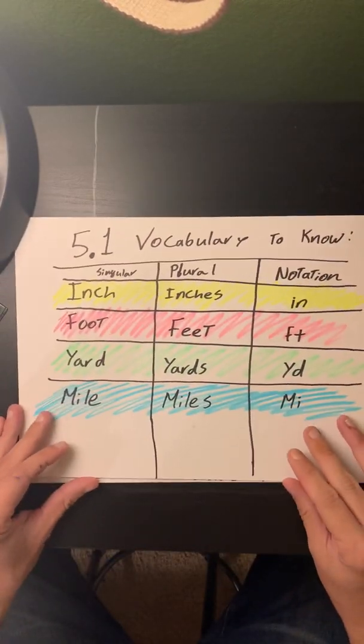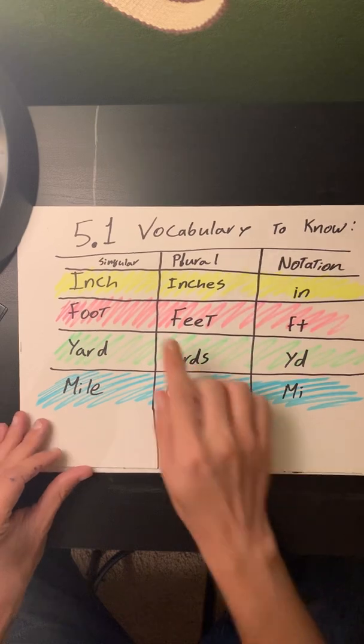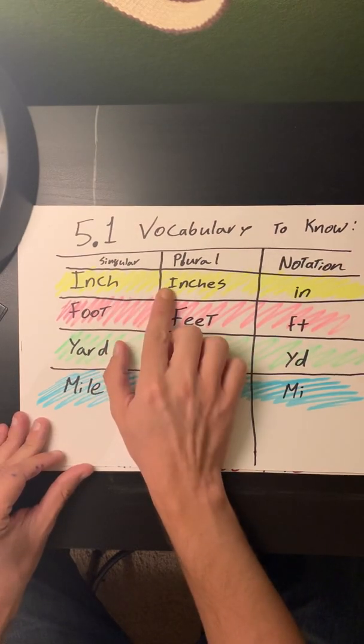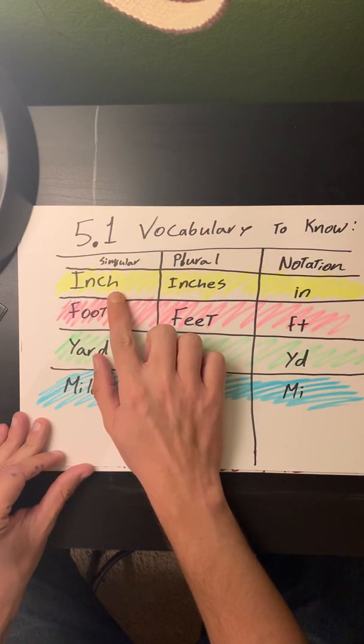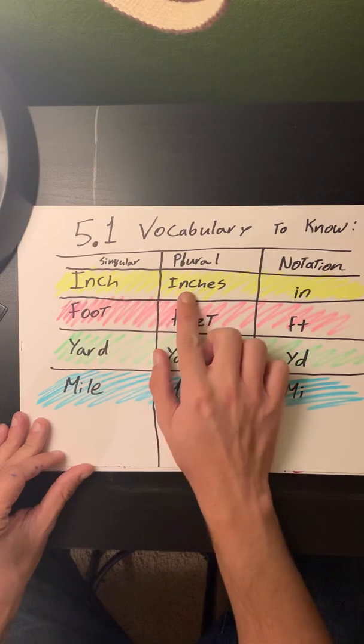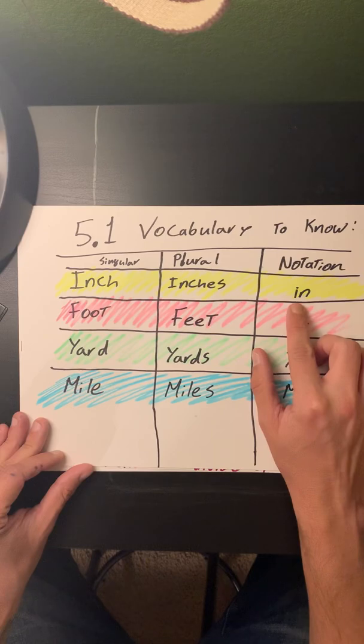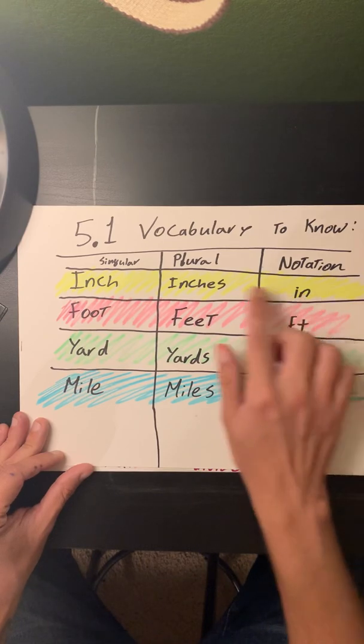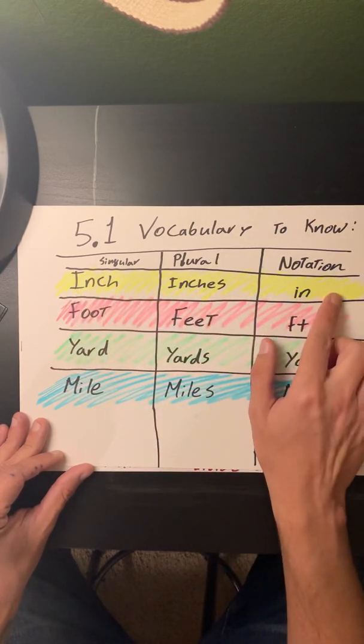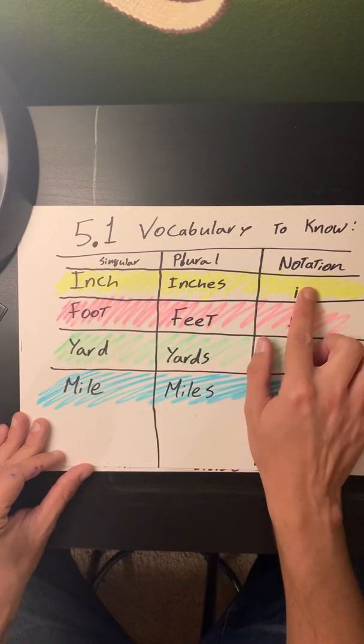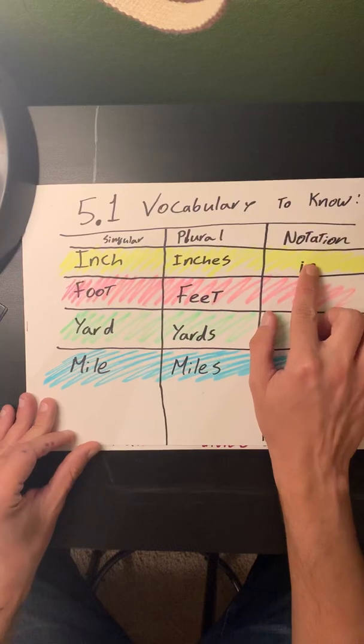Vocabulary we need to know for this lesson is we have inches. In its singular form, it's an inch, so 1 inch. If I have 2, it's 2 inches, and I notate it with an IN. I've highlighted this as yellow, and I try to be consistent, so every time we're talking about inches, it will be in yellow for this lesson.